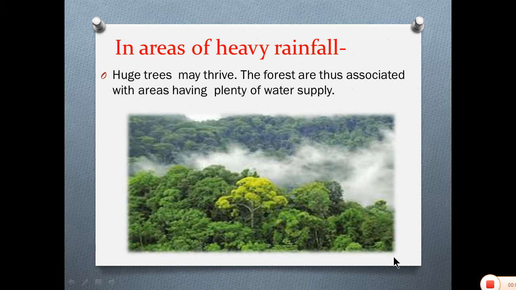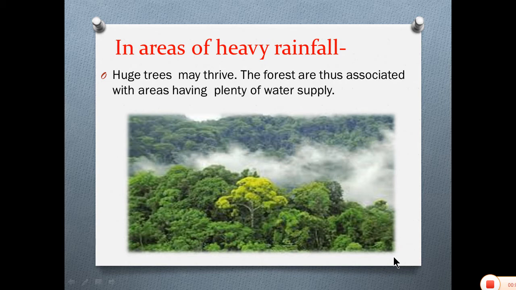But when we move from the equator towards the north pole, towards the south pole, these two factors become less and less. So therefore what happens is that the density of the forest also becomes less and less, and the vegetation becomes widely spaced.